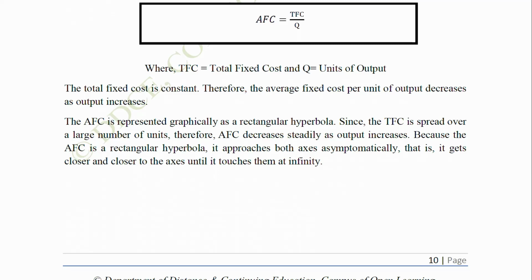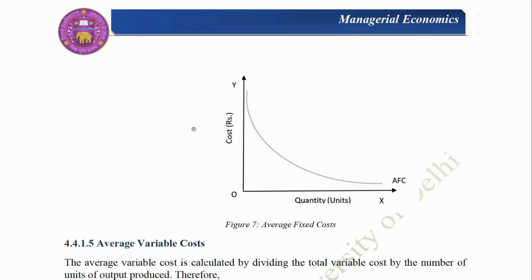That is, it gets closer and closer to the axis until it touches them at infinity. Figure 7 shows that the average fixed cost is a rectangular hyperbola. It gets closer and closer to both axes, but never touches them.